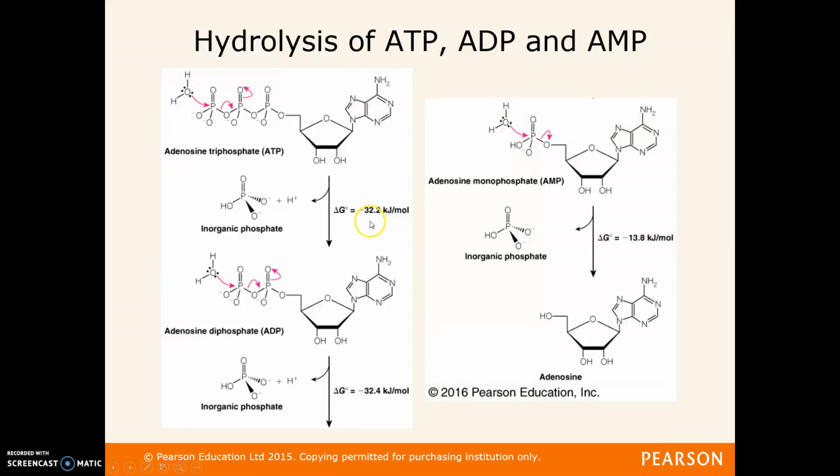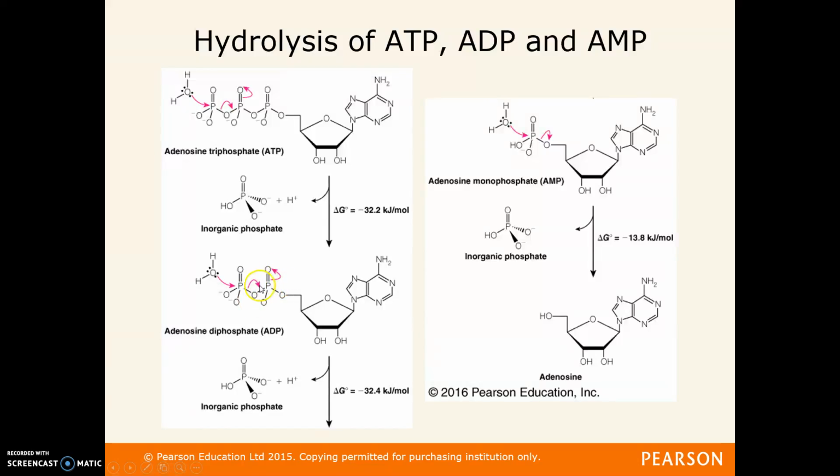So you can see that the first two hydrolysis reactions are very high energy in terms of having a large negative delta G. The last phosphate removal is still a negative delta G, but has a lot less energy. Notice here that a single phosphate group is not in tension with all of these other electronegative groups.